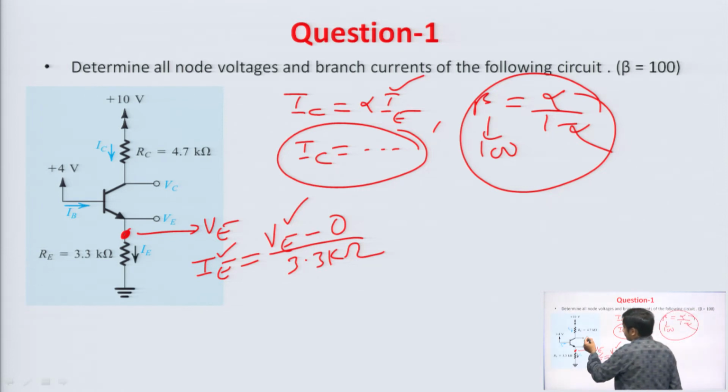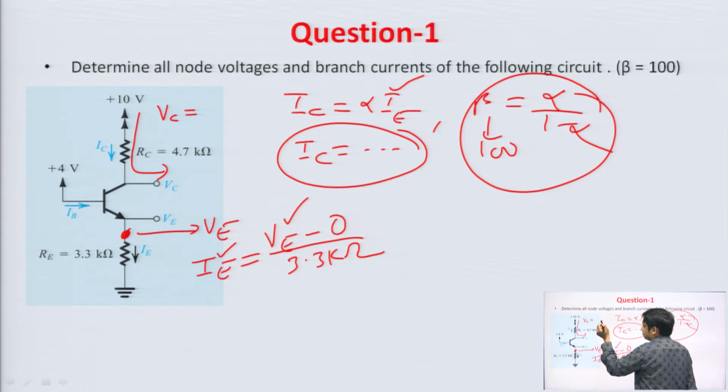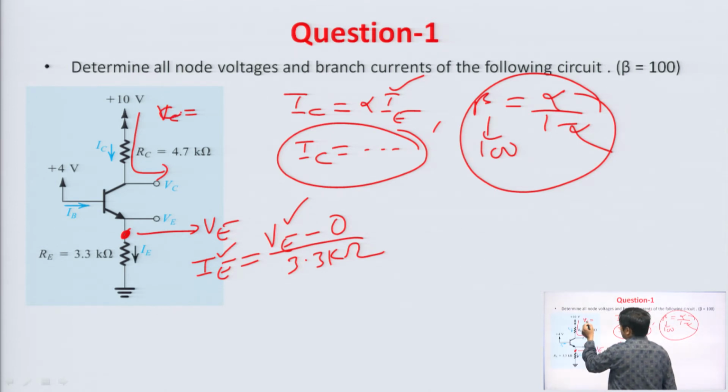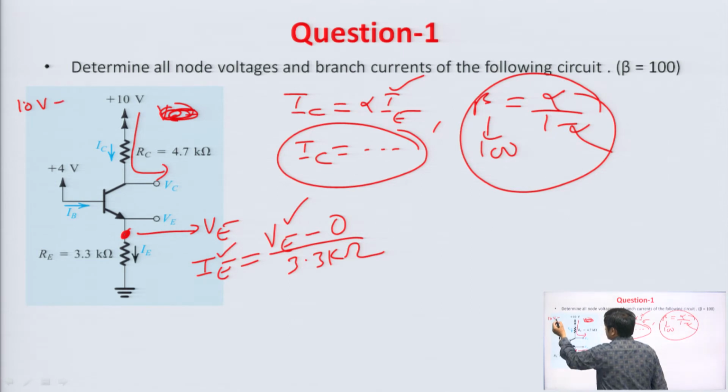Now, what is the collector voltage here? If you apply the KVL here, you can simply calculate this collector voltage VC. You can write it like this: 10 volt minus ICRC minus VC is equal to 0.